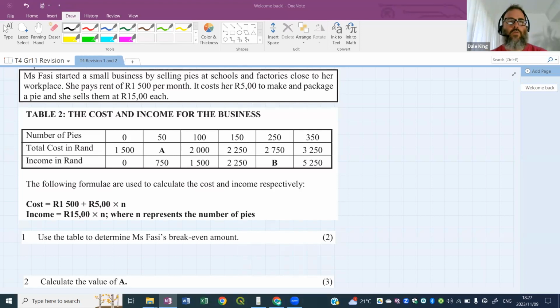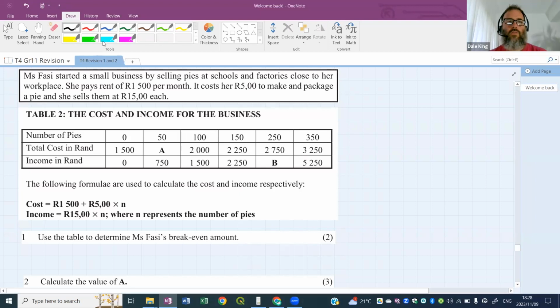Miss Farsi started a small business by selling pies at school and factories close to her workplace. She pays a rent of 1,500 per month, and it costs her 5 Rand to make and package a pie. She sells the pie at 15 Rand each. Now, there's all the information we need in that text there.